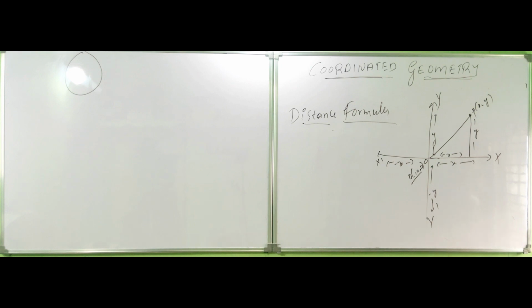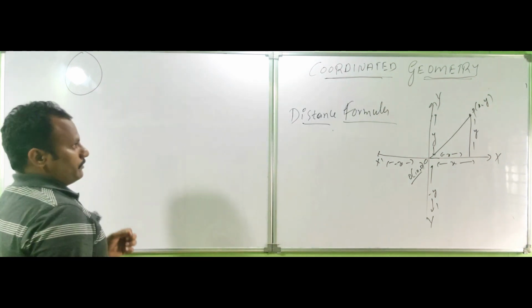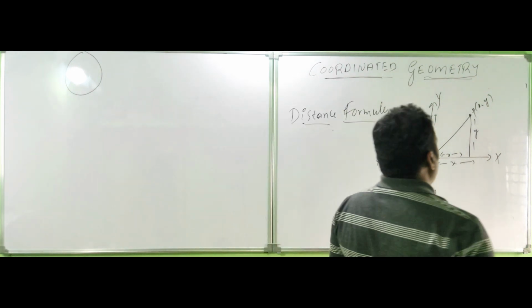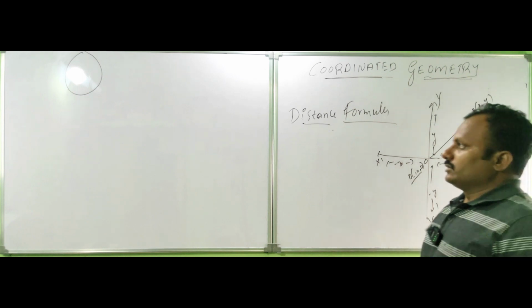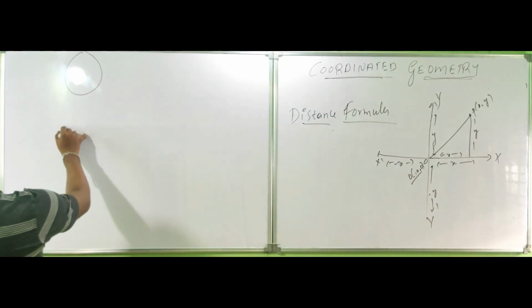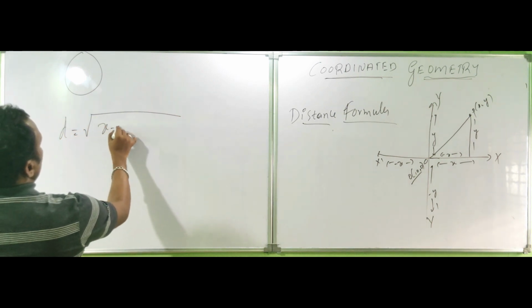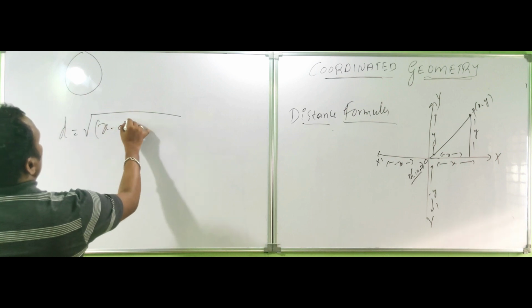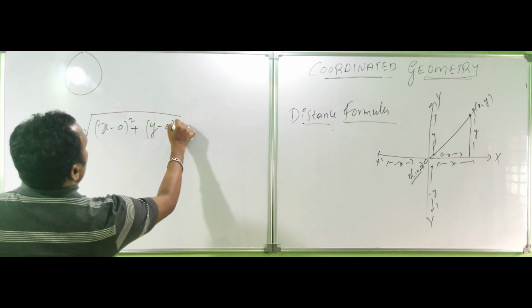This is the point, and for the distance formula we can use the Pythagoras theorem. This is a right angle triangle. Geometrically, d is equal to the square root of (x minus 0) whole square plus (y minus 0) whole square.